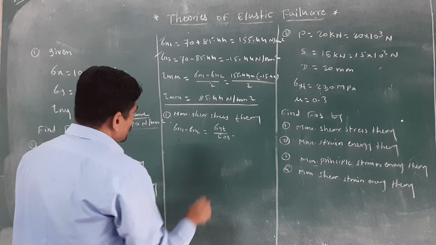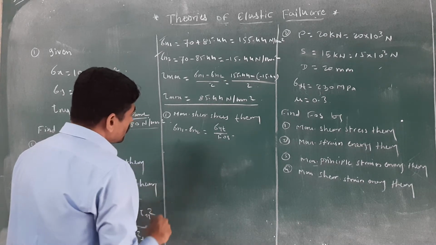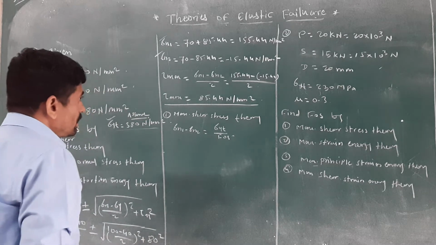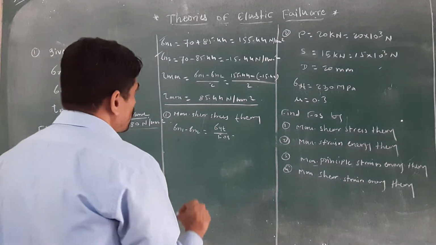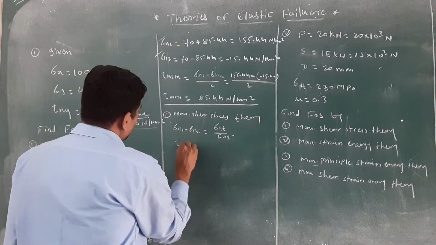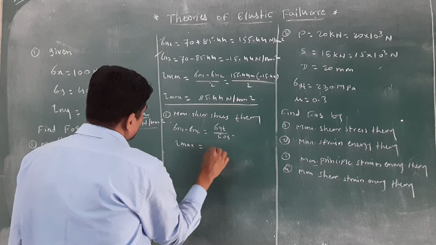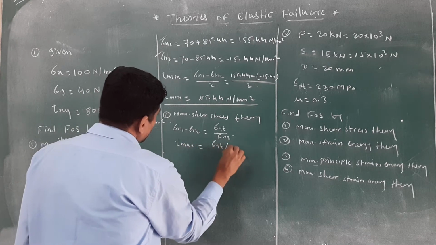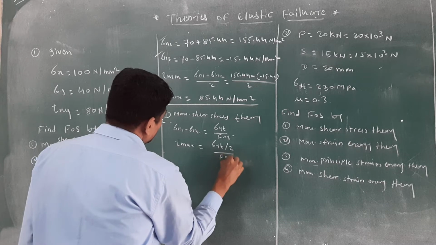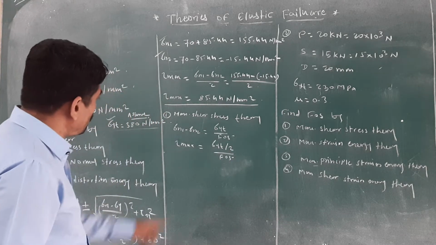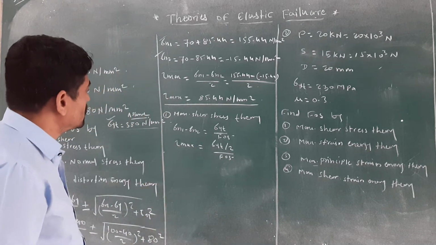We will calculate that. Another method you can use is this formula. Tau max is equal to sigma yt divided by 2 factor of safety. With the help of this formula again you will get the same answer.